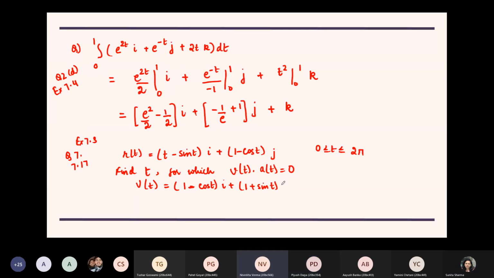No, ma'am, 1 will not be there. 1 will not be there. Then the acceleration vector. Differentiate this again. Sin t.